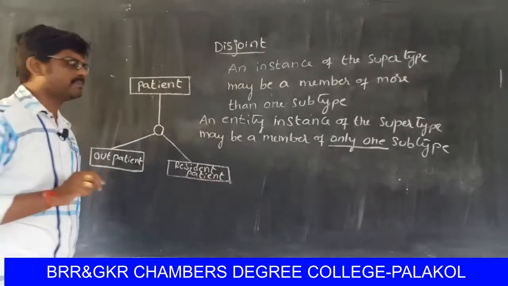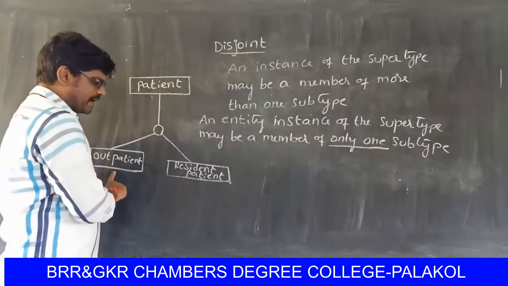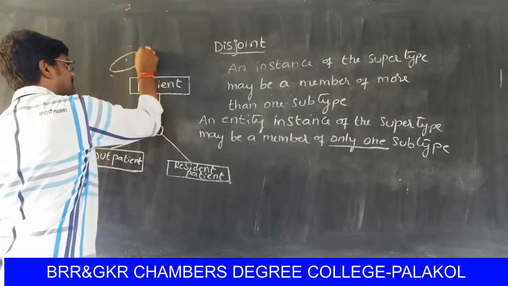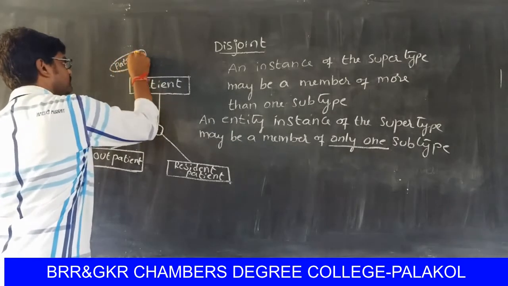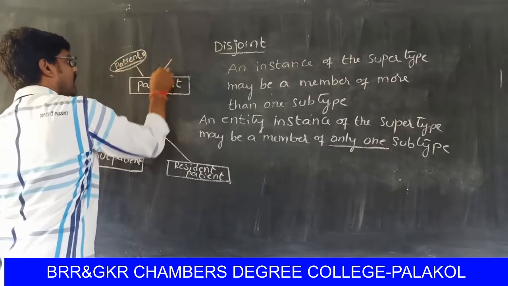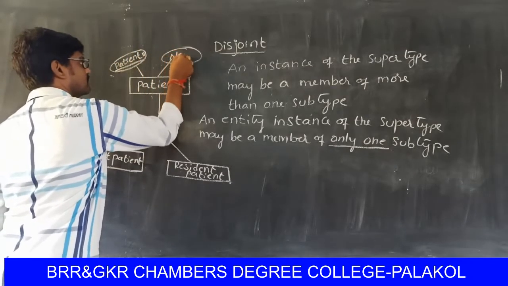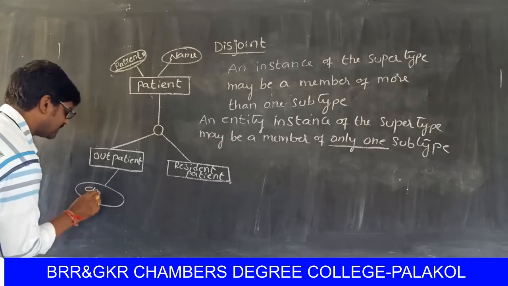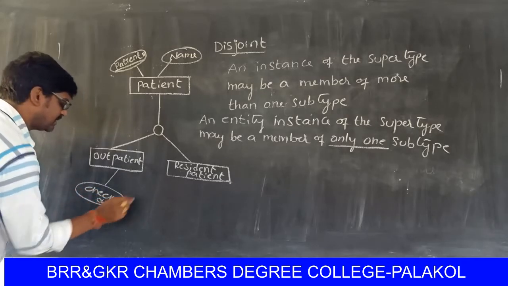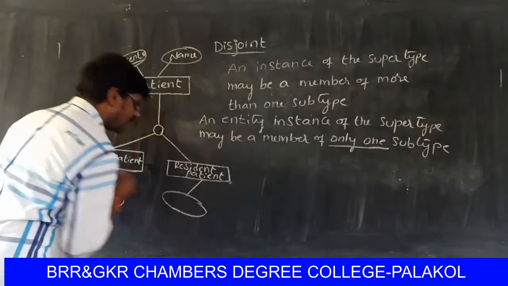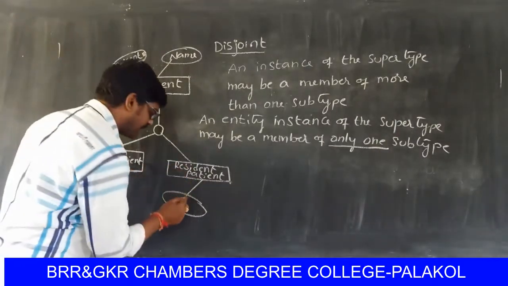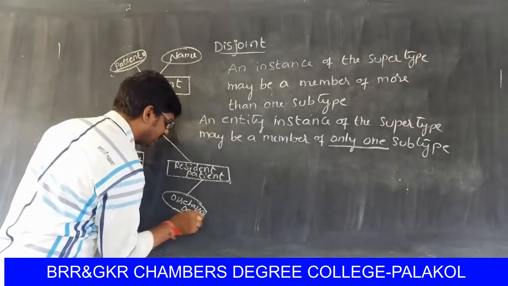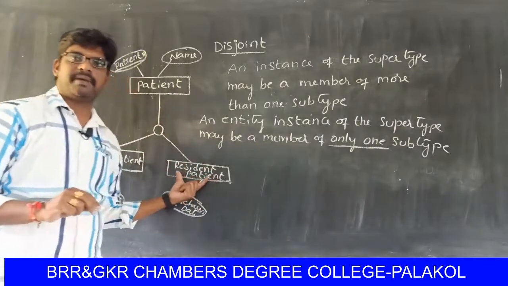Every outpatient and resident patient has common properties, such as patient ID and name. Outpatient has the property check date, and resident patient has the property discharge date.